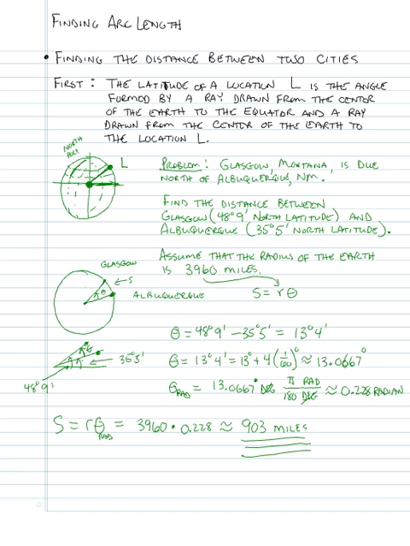Next we want to talk about the areas of sectors of a circle, and we'll begin that on the next page. Here we want to discuss finding the area of a sector. I guess first we need to know what a sector is.